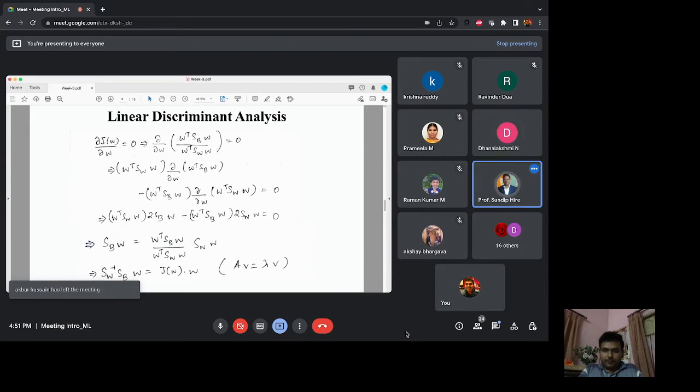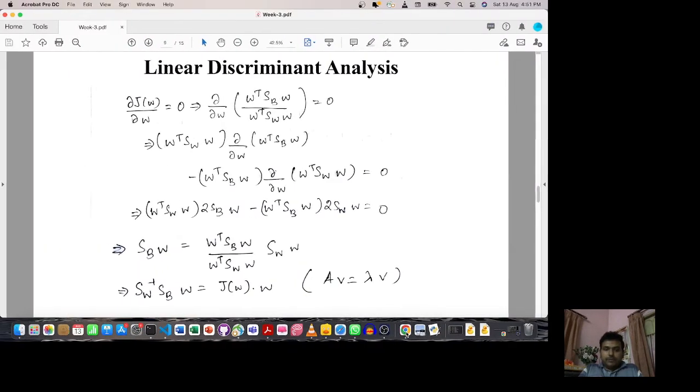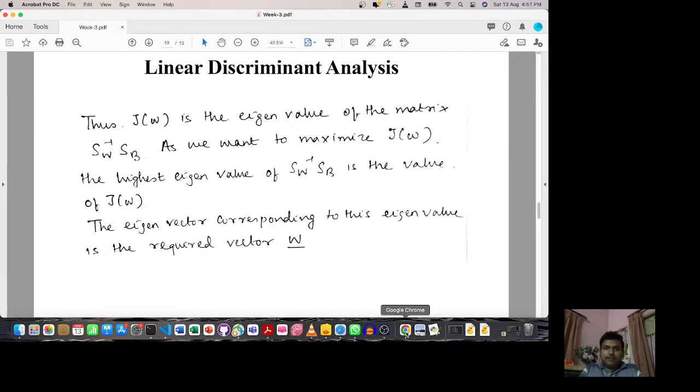Yes, sir. So if this is clear, then is this statement clear? JW is the eigenvalue of the matrix SW inverse SB, and what we wanted to do was to maximize the value of JW. So the highest eigenvalue of SW inverse SB is the value of JW, the eigenvector corresponding to that eigenvalue is the required vector W. Am I clear?